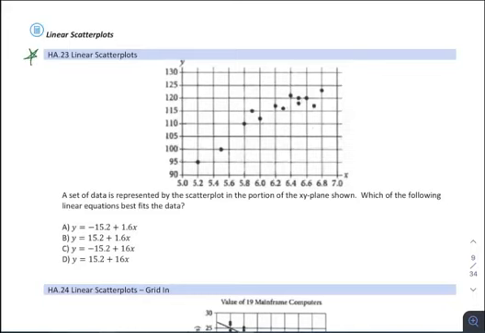Okay, so try this one on your own. It's on the next page, page 9. And see if you can interpret the graph here and find which of those equations is a line of best fit. We don't do a ton of work with regression equations here in the math department.